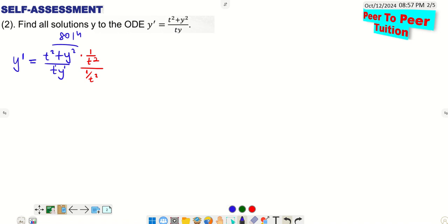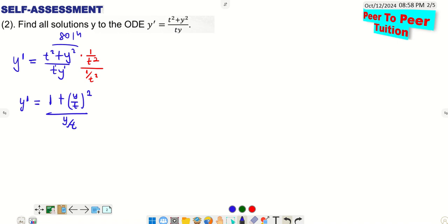Now let's multiply. If I multiply, I'll get y prime is equal to 1 plus y squared over t squared, which is (y on t) all squared, then all divided by t will cancel t, so I'll be left with y on t.